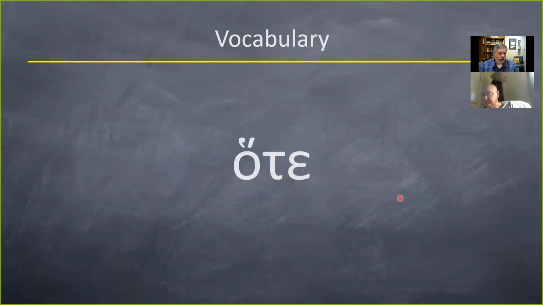And then hote means when. I want to read the note here. You're not to be confused with hoti. The epsilon ending here is when. Hoti means because or that or since. But here, hote is a temporal particle meaning when.